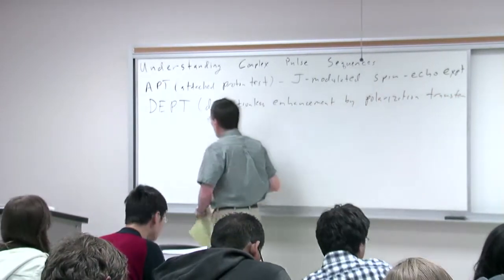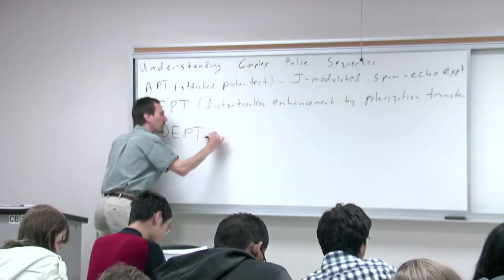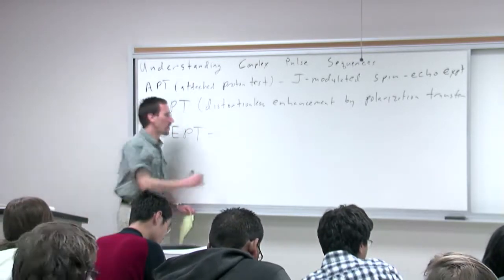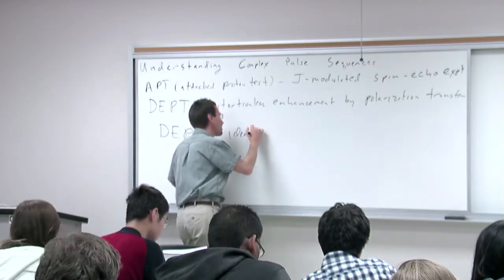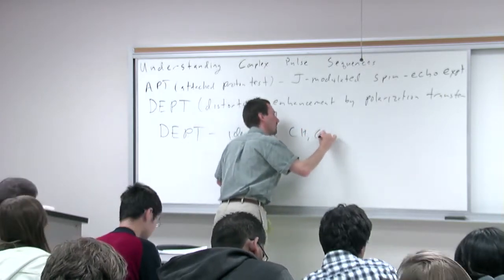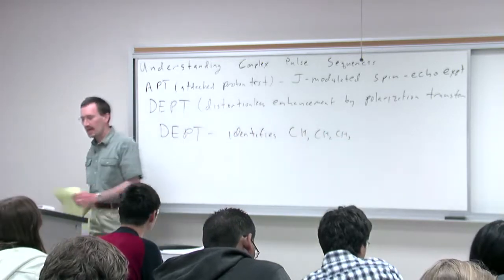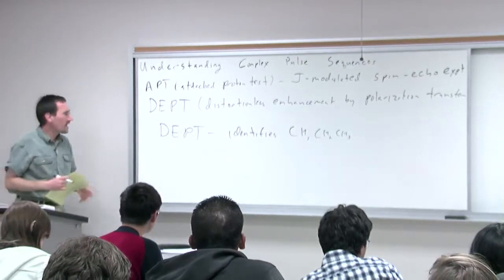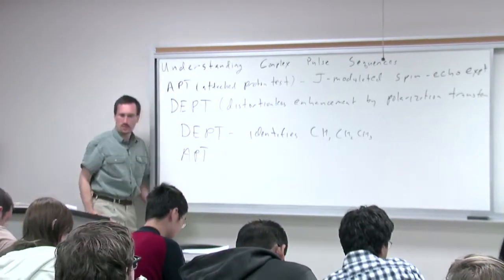From a practical point of view, what the DEPT does, as you all know, is allows you to identify the CHs, CH2s, and CH3s. So in other words, the methines, the methylenes, and the methyl groups. And what the APT does is it's a less sophisticated experiment.